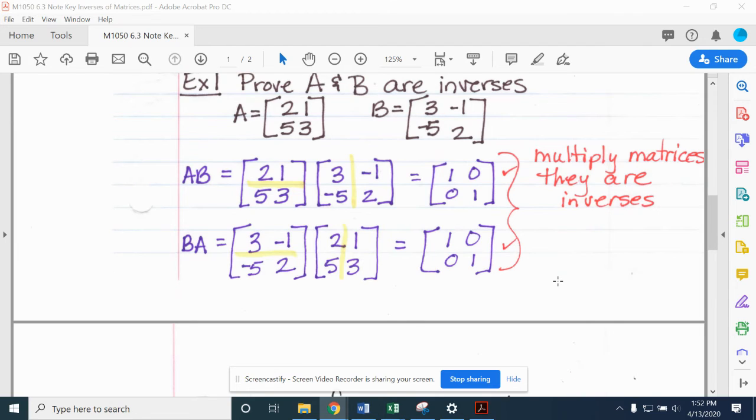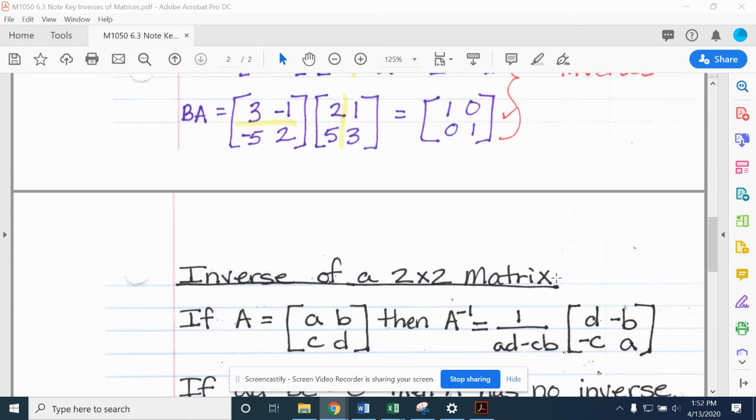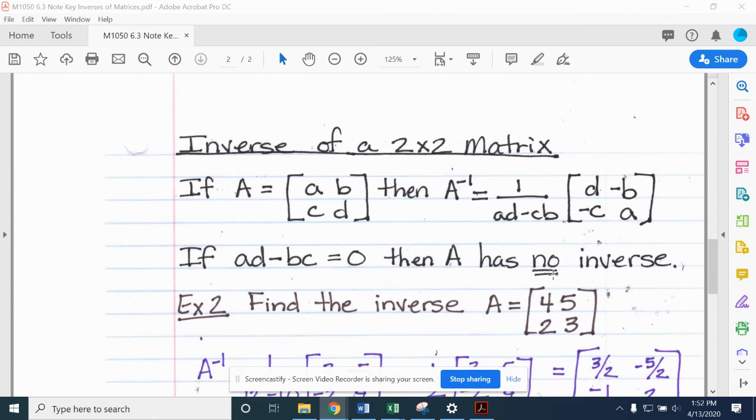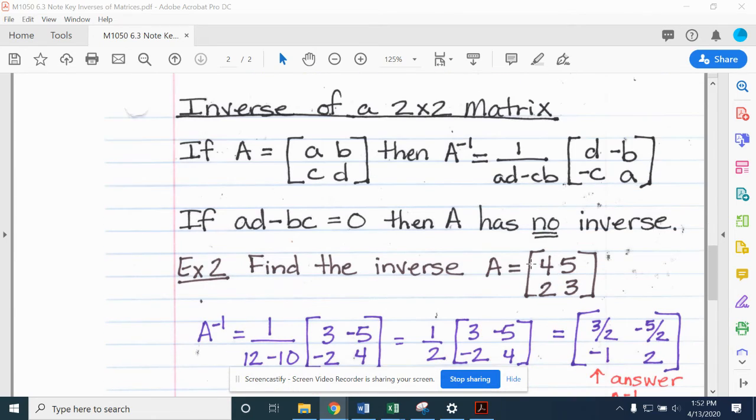Now, how is this going to help in another situation? Let's look at how to find an inverse of a matrix. We have two types, a 2x2 and a 3x3.